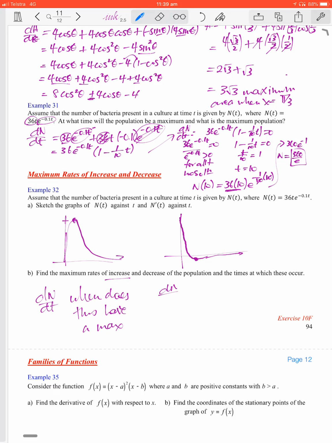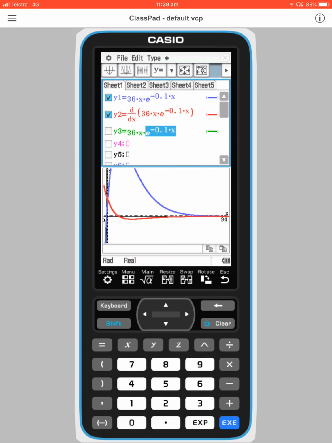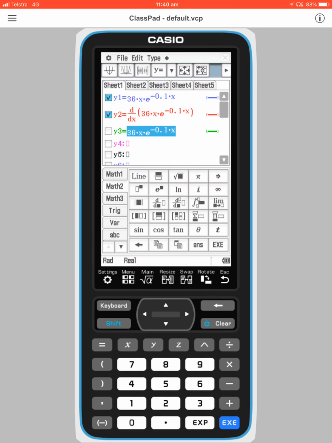And then dn/dt, when does it have a min? We can find out by sketching the second derivative and saying when that has a max and a min.